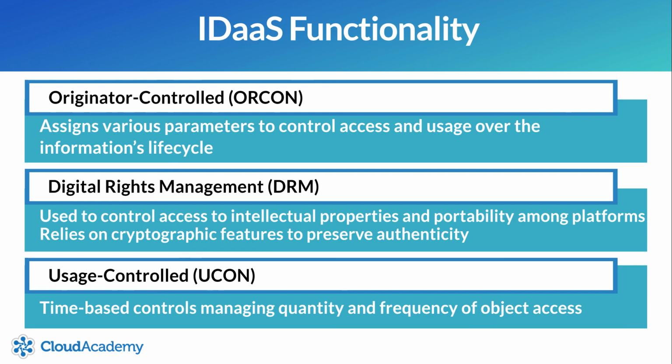This relies on cryptographic features to preserve authenticity, something along the lines of cryptocurrency or blockchain encryption. We have usage-controlled, which is time-based controls managing quantity and frequency of object access.